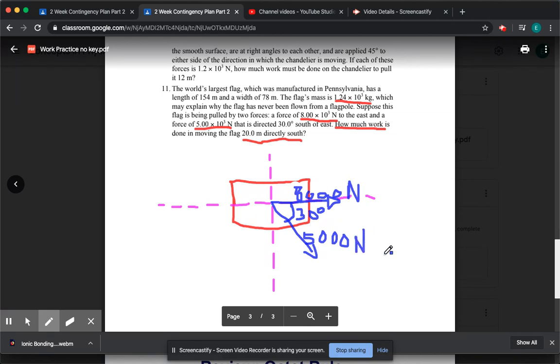These are your two forces. And now, my question to you is, where's the displacement? The displacement is directly south.